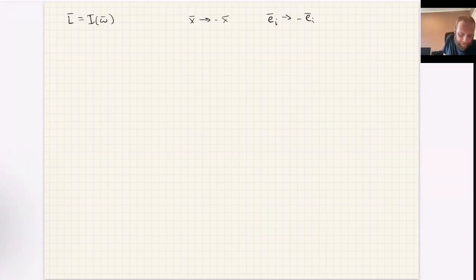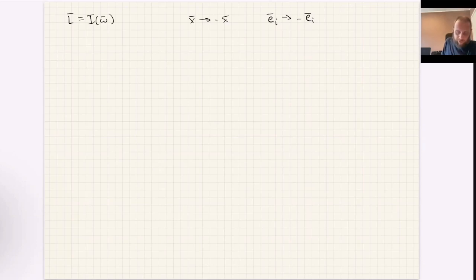This is not the general. This is a very typical argument to see, but it's not a super general statement in terms of what defines the pseudo vector representation, and it's only valid in an odd number of dimensions.